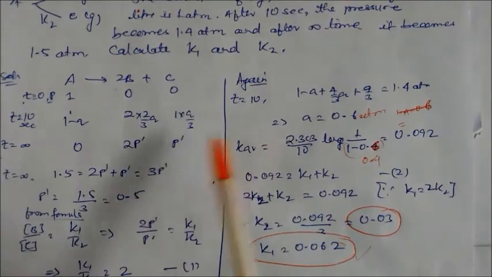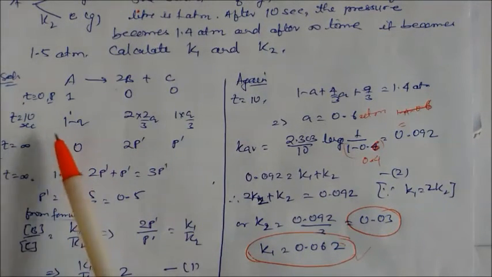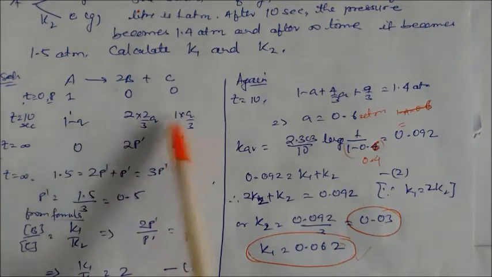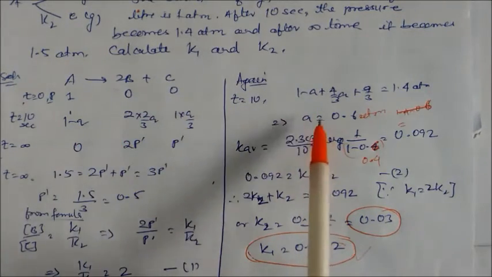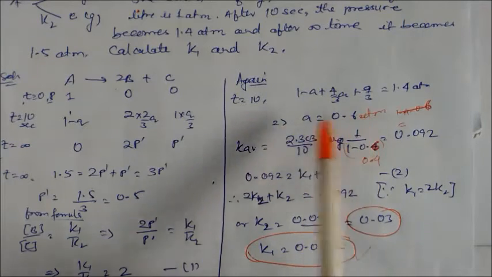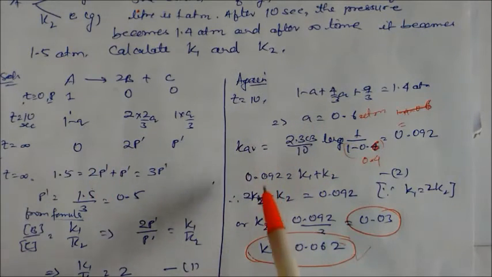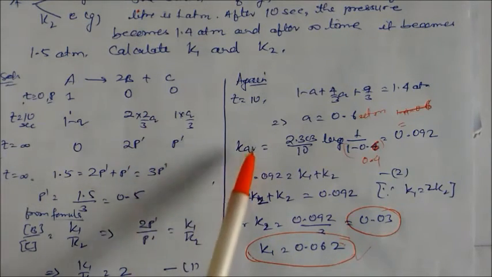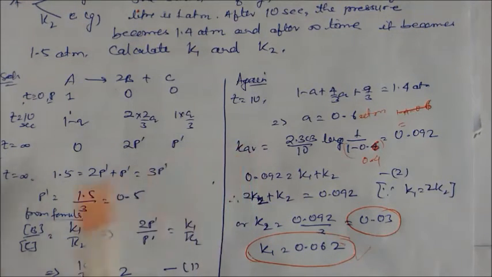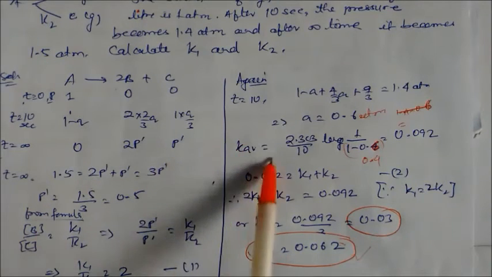Again, if you take t equal to 10 seconds, what is the total concentration? If you solve it, adding all the concentrations, you will get the value of A as 0.6. So at this time of 10 seconds, what is the K value? We have to find the K value. If you know the K value, then by taking this and this we can solve K1 plus K2.